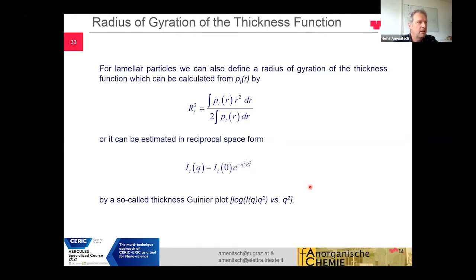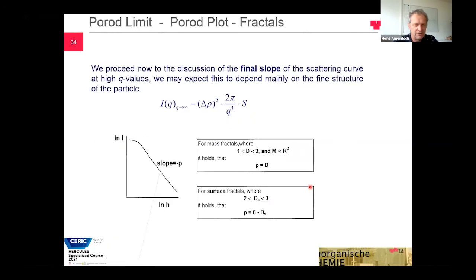Okay. Now coming to something very important, the Porod limit. The Guinier approximation is the approximation very close to the beam stop at very low q. And I was showing you this change of the slope at very high q in a different pattern.